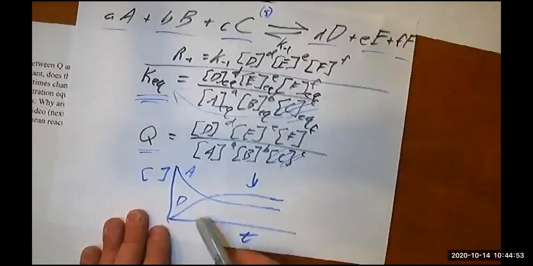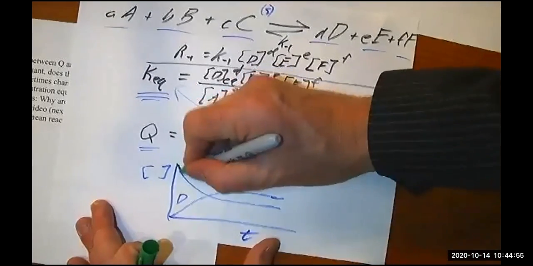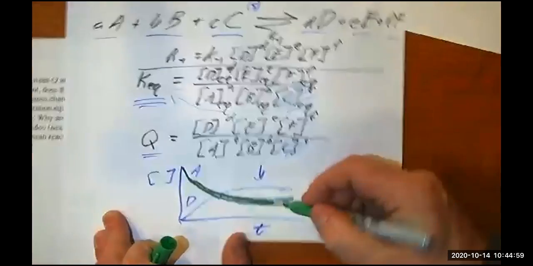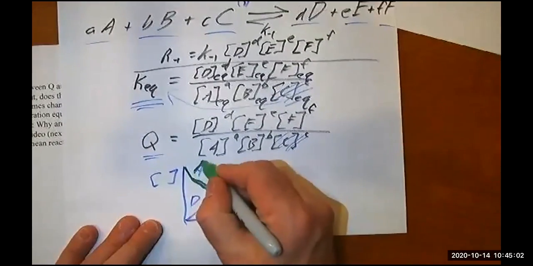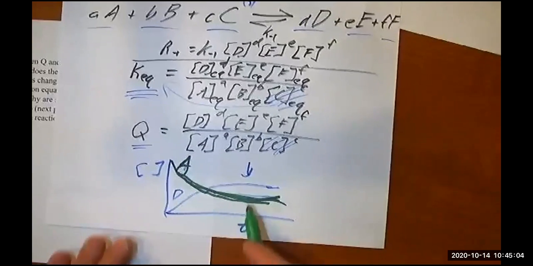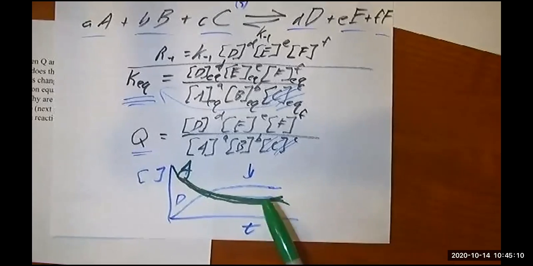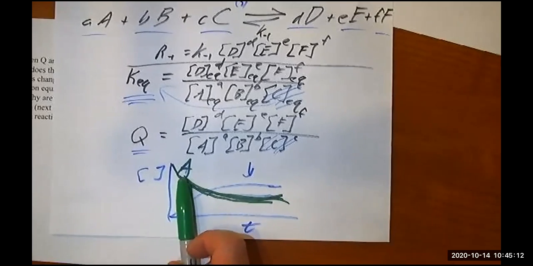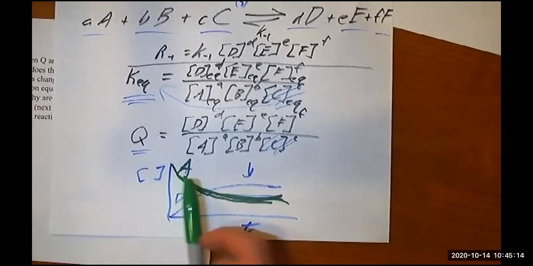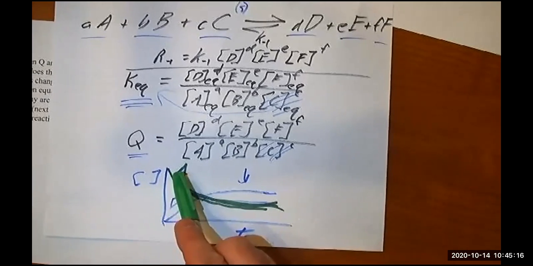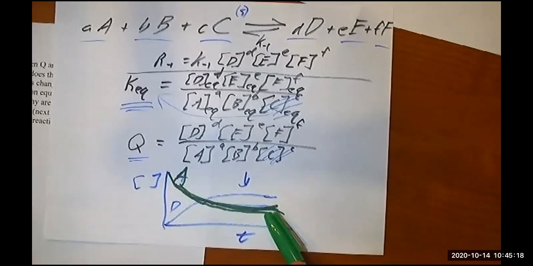Okay. So if we look at the example I've drawn here, let me actually do a different color. So if we've got A here in green and D in blue, at this point, we have more A than we will have at equilibrium.